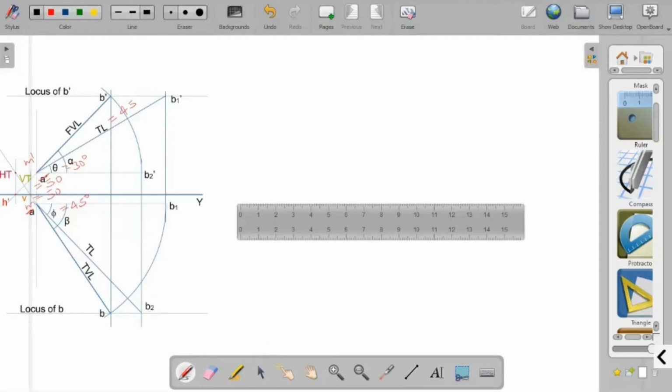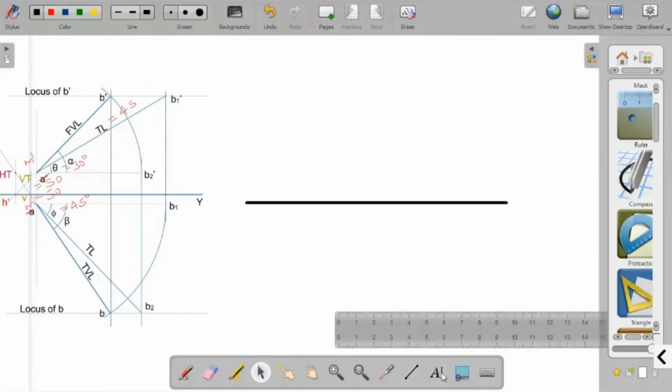Here is our XY line. Now from one point you have to draw a vertical line. I am not using the set square or protractor here because it will take time.